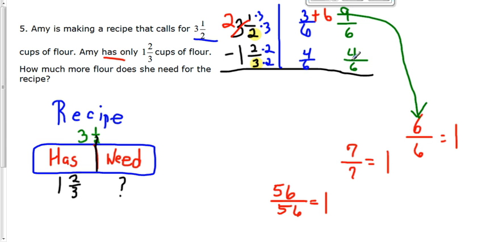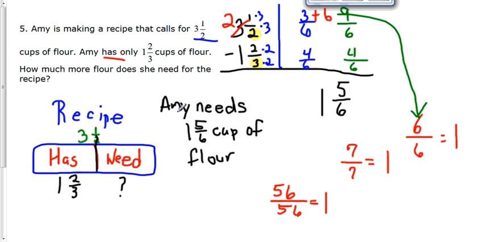In this case, 9 minus 4 is 5. You can't forget your wholes. 2, take away the 1 cup already, gives me 1. 1 and 5/6. To sum up our problem, Amy needs 1 and 5/6 of a cup of flour for her recipe.